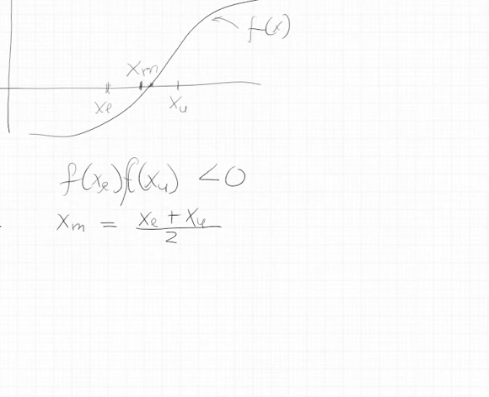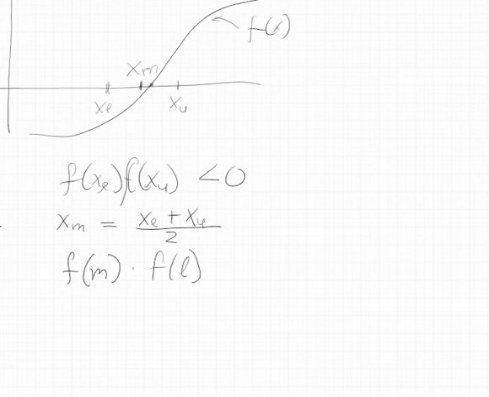What we do is substitute xm into the function and multiply f of xm with f of xl. If this is less than 0, what does it mean?